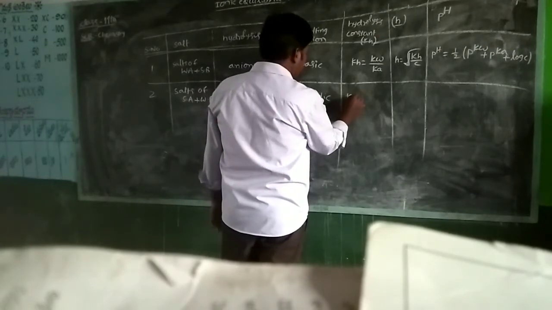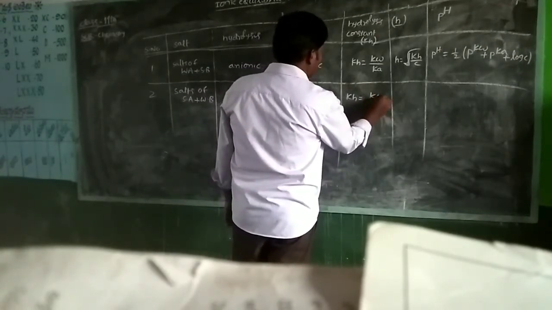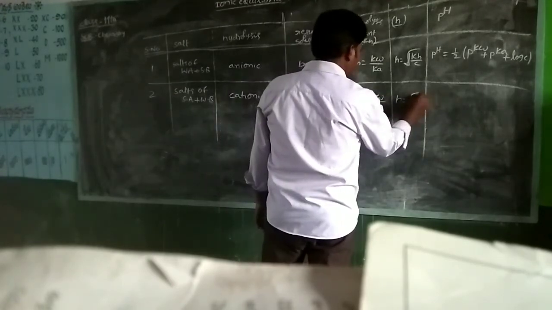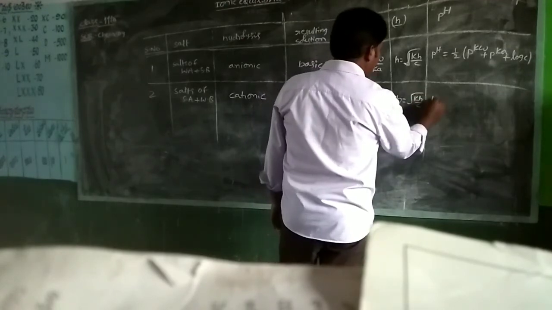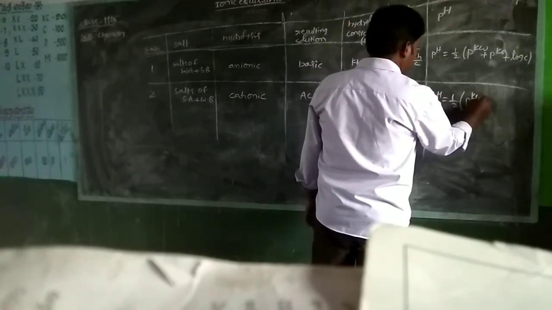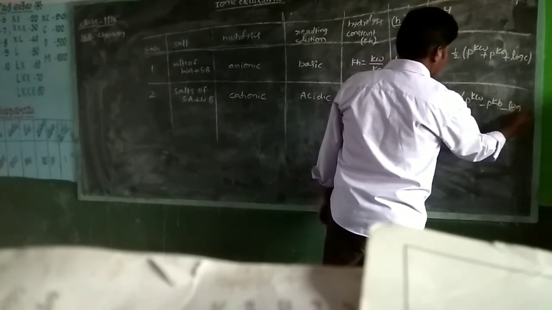Kh is equal to Kw by Kb, h is equal to root of Kh by C, and pH is equal to half of pKw minus pKb minus log C.